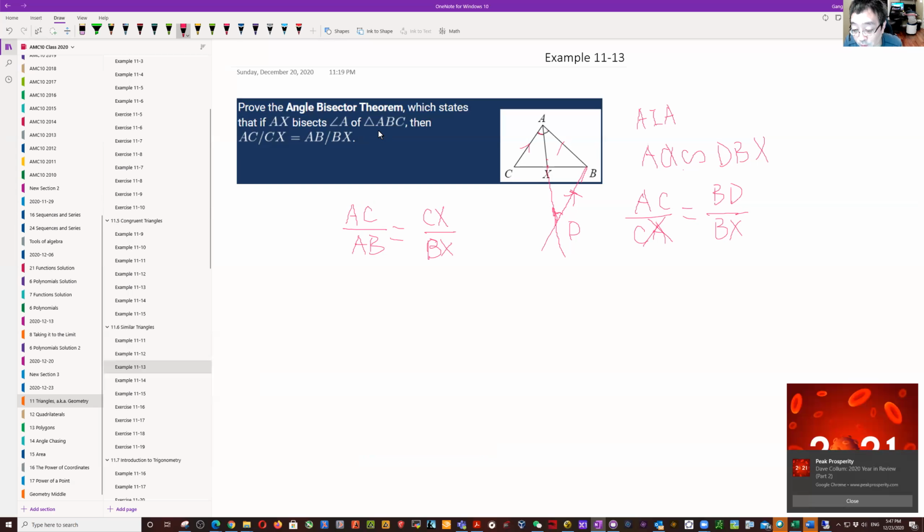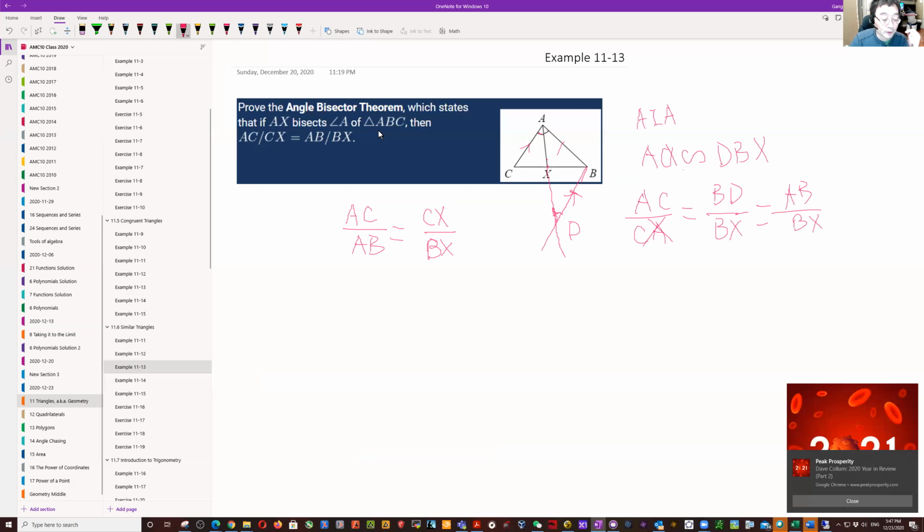And then BD can be replaced by AB, because those are the same in the isosceles triangle. So I replace BD with AB and BX, and then I get this proof.